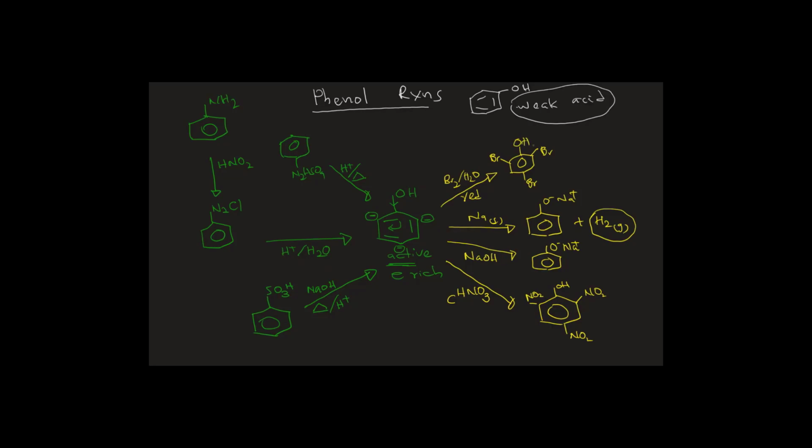That should be the para position because phenol already takes the number 1 position, and the number 4 position is far away, so that would produce the para-sulfonate derivative, right? It's very rare to have ortho derivatives. Thank you.